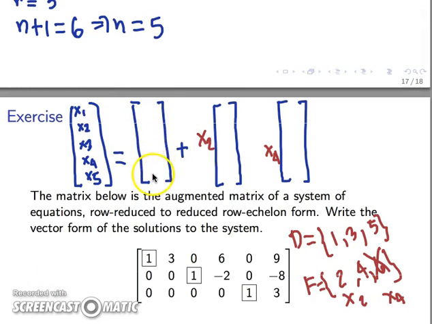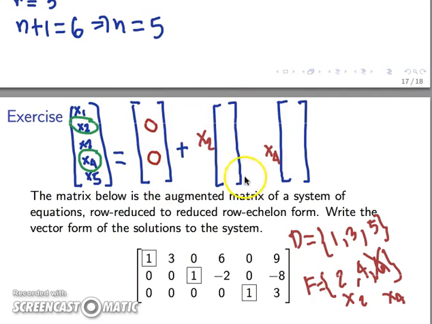Part of what the theorem is telling us is that the fixed vector is going to contain numbers from the last column in the RREF, but according to the indices of the free variables, here x2 and here x4, we're going to put zeros on the fixed vector. So we're going to put zeros on location 2 and also on location 4 of this fixed vector.